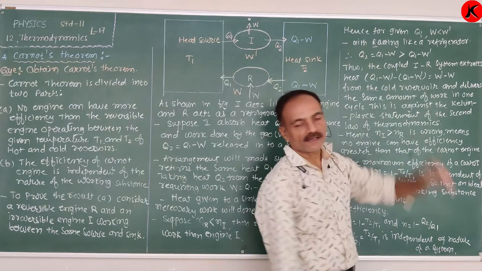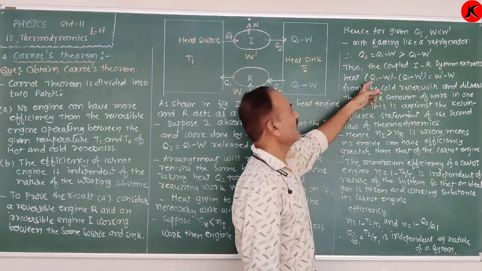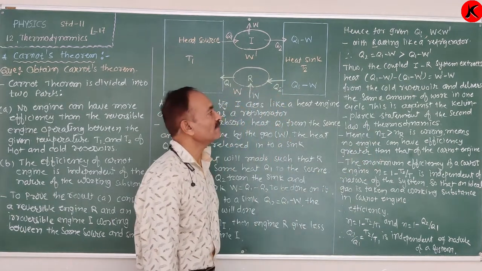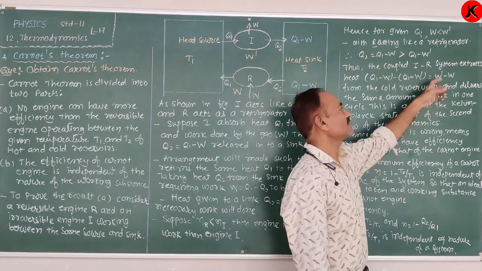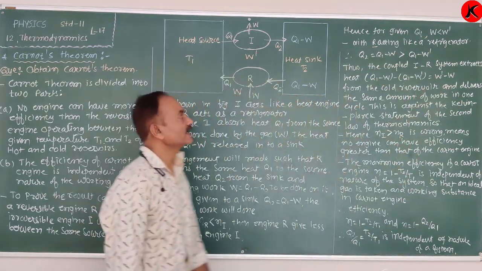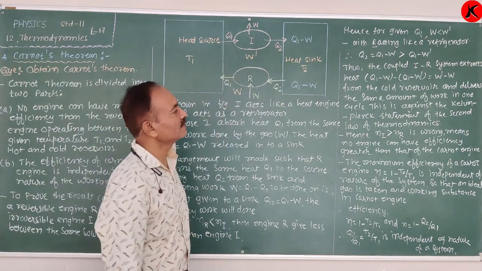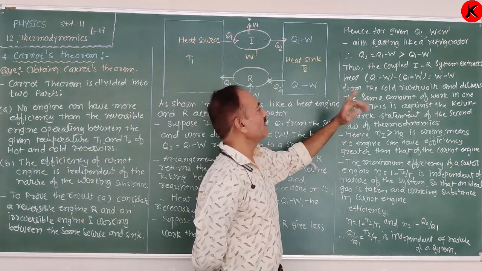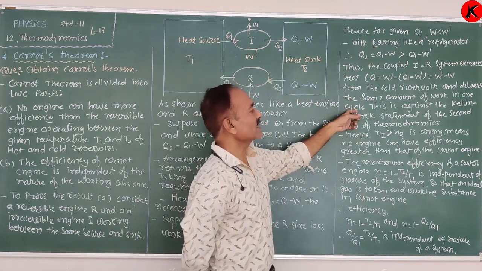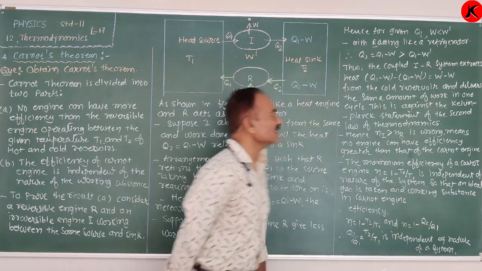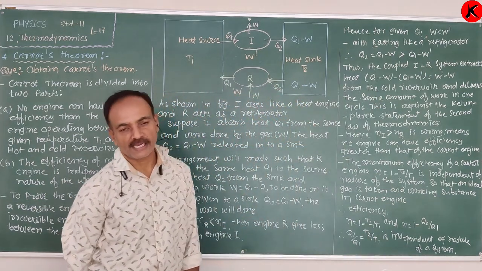Thus, the coupled irreversible and reversible system can extract the heat (Q1 minus W) minus (Q1 minus W dash), which is equal to W dash minus W, from the reservoir and deliver the same amount of work in one cycle, and that is against the Kelvin-Planck statement of the second law of thermodynamics.